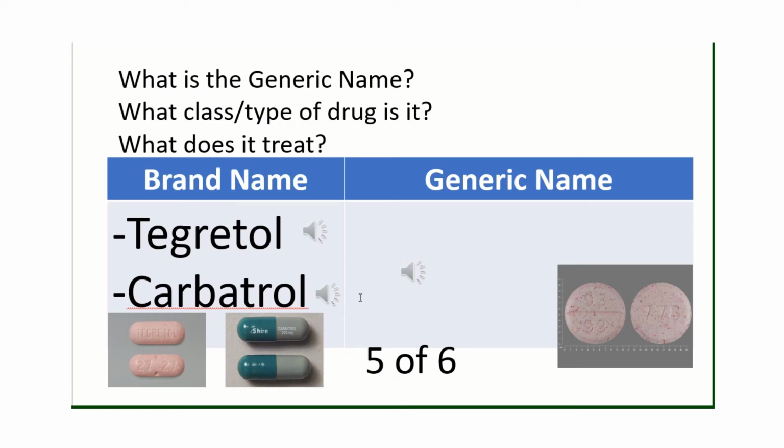What is the generic name for Tegretol and Carbatrol? What type of drug is Tegretol and Carbatrol? What does Tegretol and Carbatrol treat?